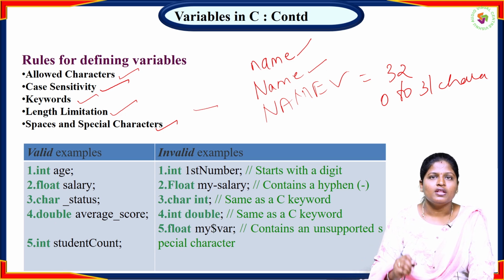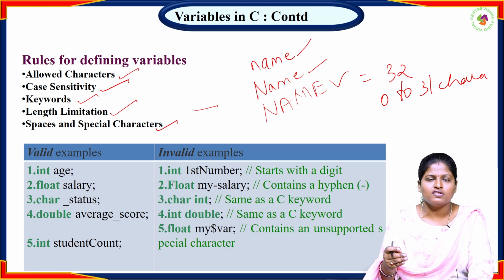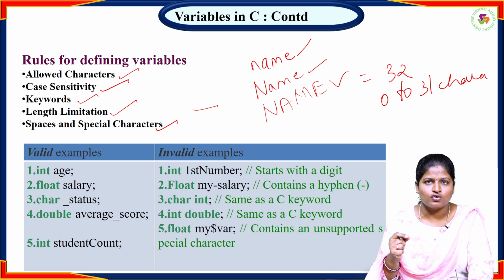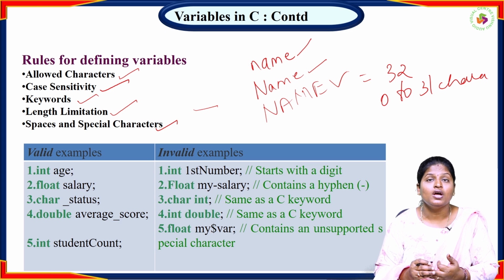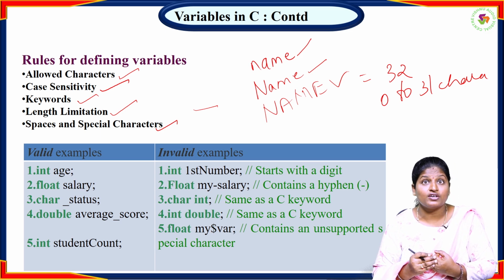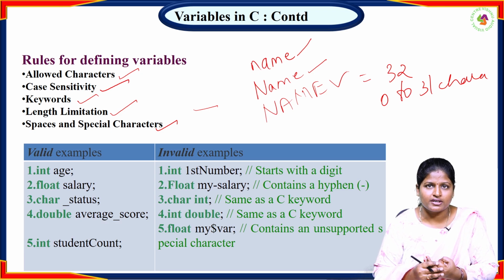So from all the above mentioned rules, the variable name can consist of uppercase letters, lowercase letters, and it can consist of an underscore character. That means a variable name can start with uppercase, lowercase or an underscore character.